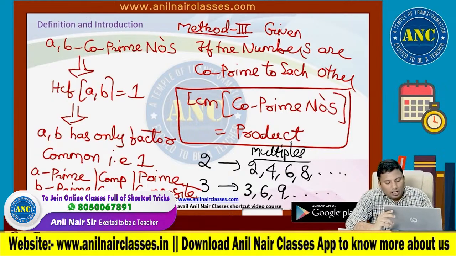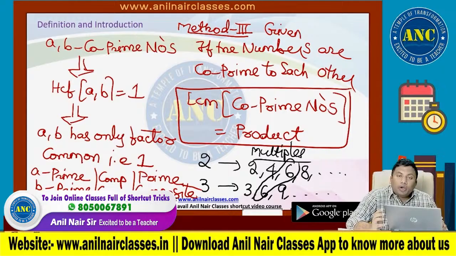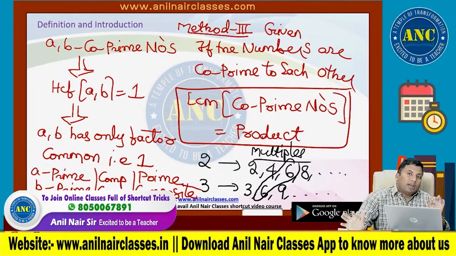What is the LCM, where the numbers are meeting? The lowest value where they are meeting is 6. So what is the LCM of 2 and 3? LCM of 2 and 3 is 6, which is nothing but their product. LCM of co-prime numbers will always be their product.